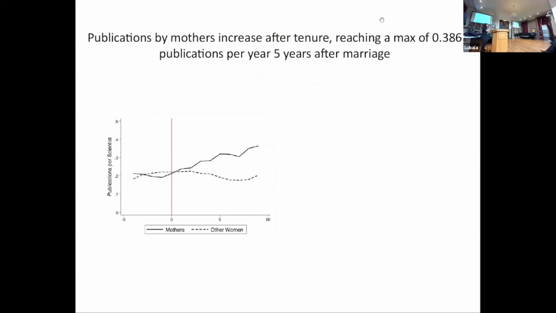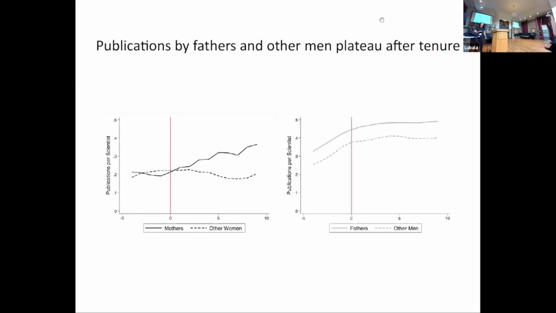So basically, if tenure is a good bet, if we're good at it, there should be no differences in productivity after tenure. Yet we see that mothers' productivity increases after tenure, while the closest comparison group, other women, behaves more like what we typically observe after tenure, and that would be men. So for men, it kind of flattens out, whereas for women, it keeps going up.